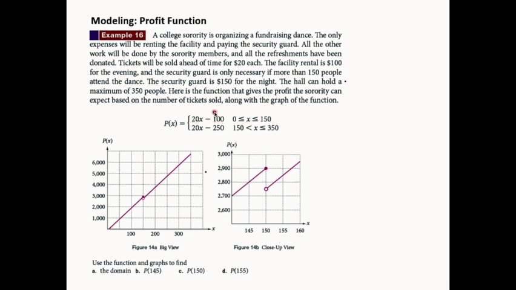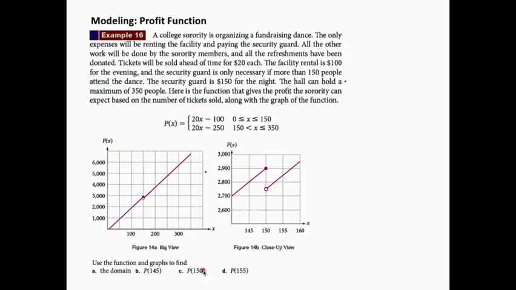So when I plug in 145, I'm going to put the 145 in right here. So you would take 20 times 145 and subtract 100, and that would give you a Y value or a profit of 2,800.